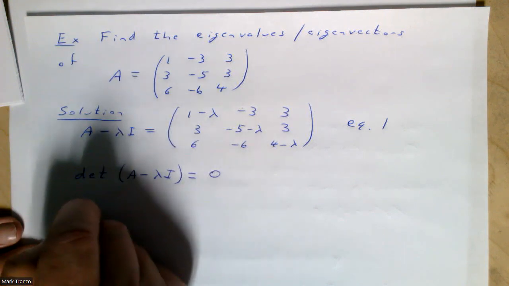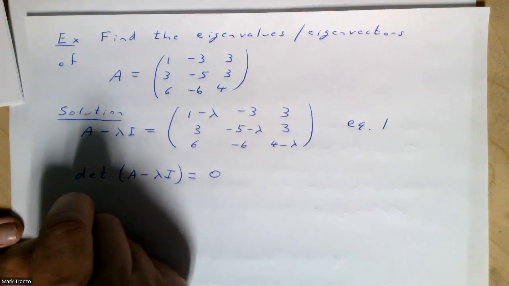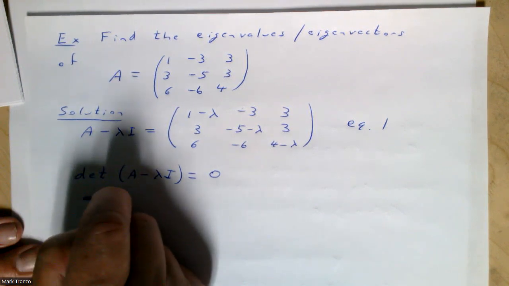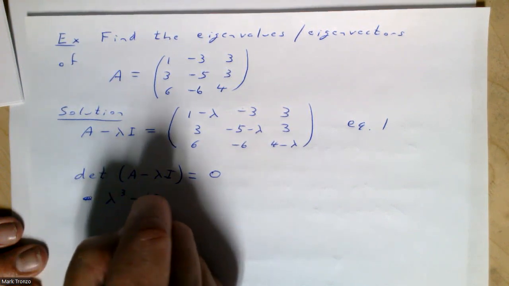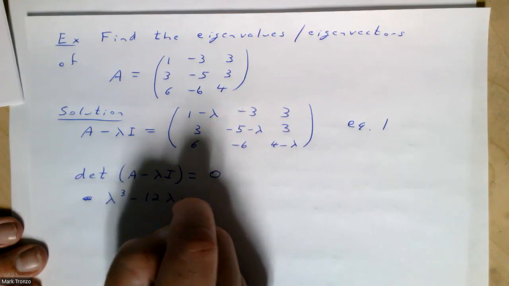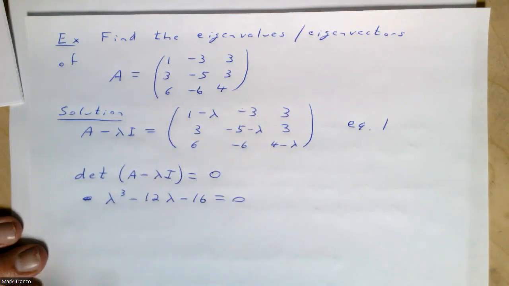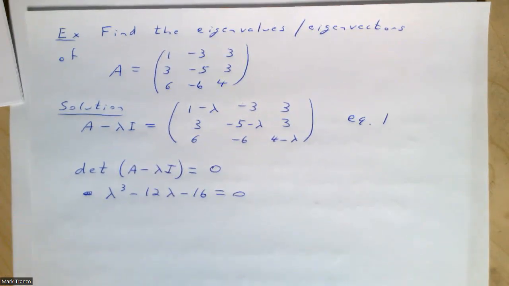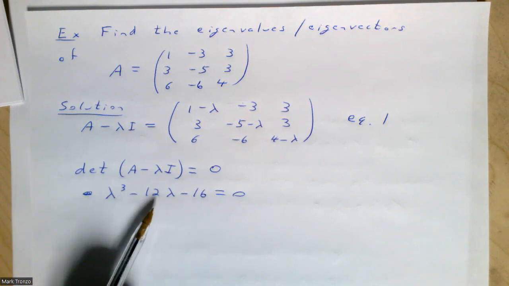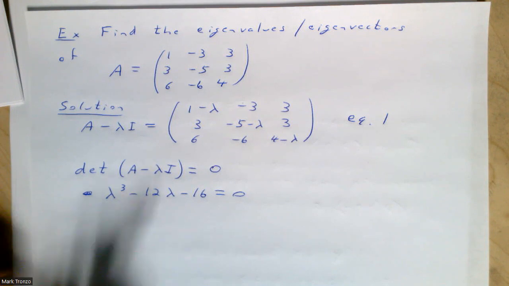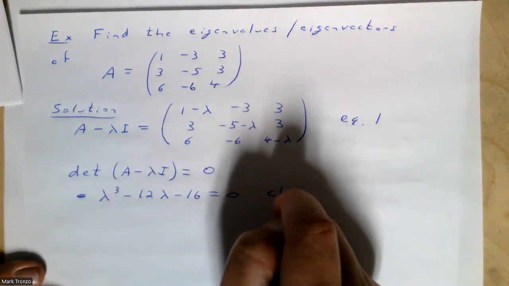And then you'll end up having this equation. Set this equal to 0. And by the way, when you have the equation with these lambdas in it, this is called the characteristic equation.